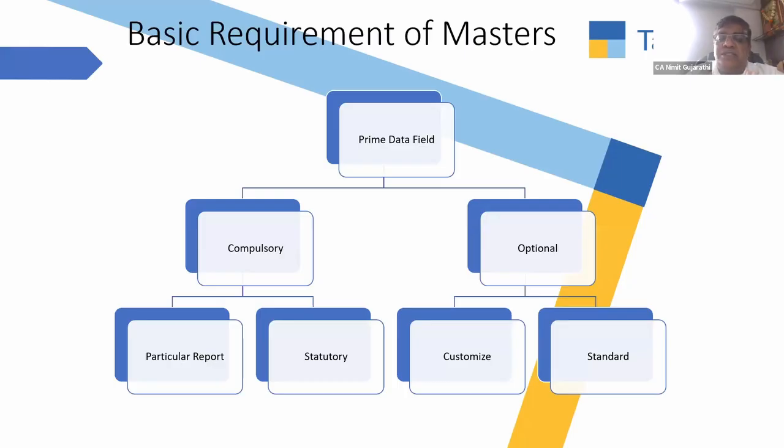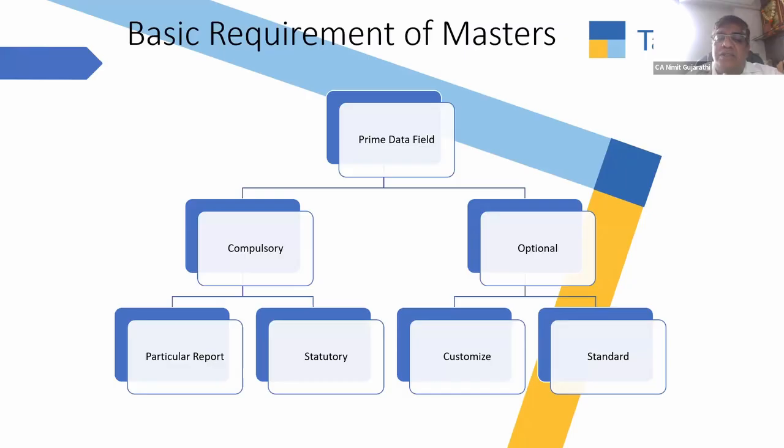Now, what is an essential data field? Suppose I want to file a GST return out of TallyPrime. For that, what will be my essential data fields in the master? The essential data fields will be the GSTIN number, name of the proprietor, and the PIN code. These are essential data fields.